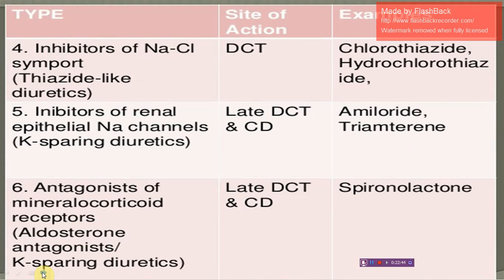Inhibitors of renal epithelial sodium channels: potassium sparing diuretics, site of action is the late distal tubule and collecting duct. Examples are amiloride, triamterene. Antagonists of mineralocorticoid receptors: aldosterone antagonists and potassium sparing diuretics, site of action is the late distal tubule and collecting duct. Example is spironolactone.